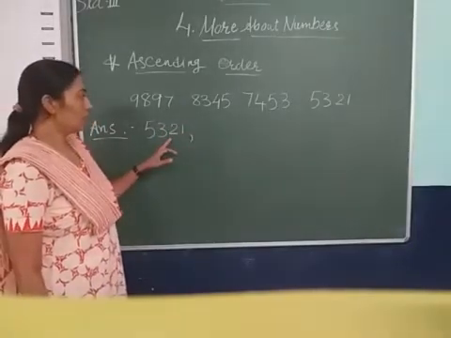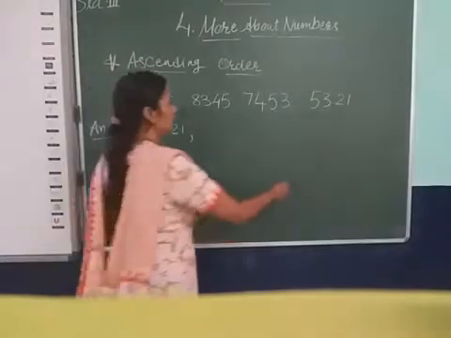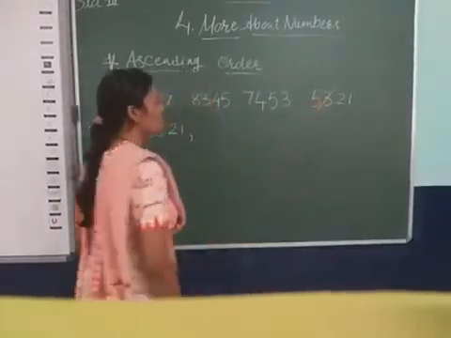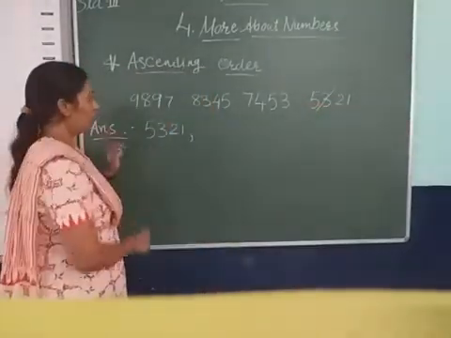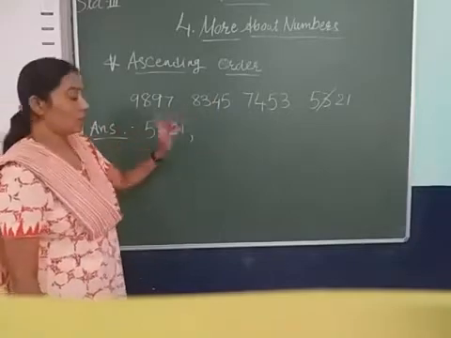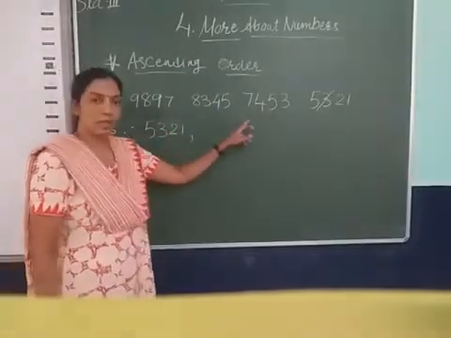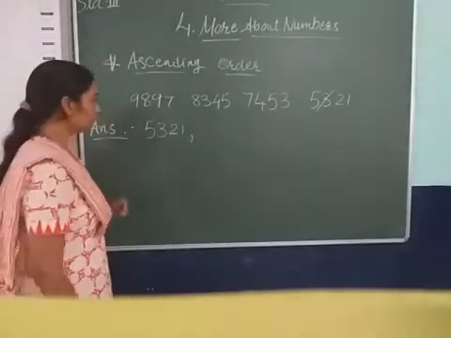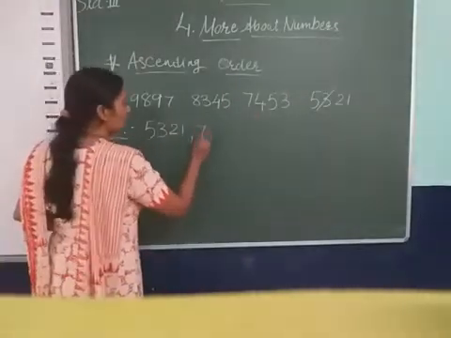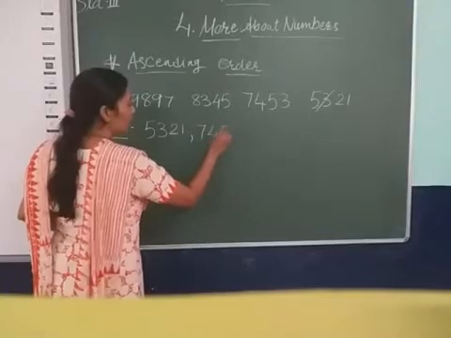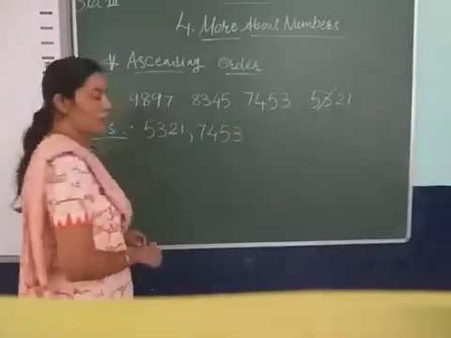Then for the next one, cut this, so it is easier to identify. Again from the left side, the thousand place: 9, 8, 7. So 7 is smaller than these two numbers: 7, 5, 7, 4, 5, 3.